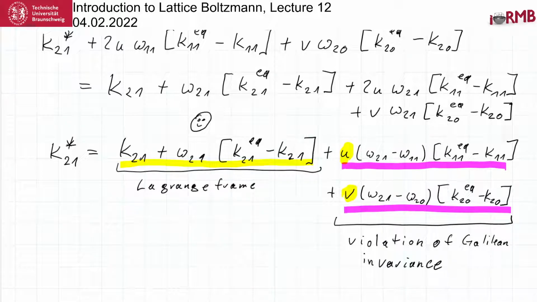Suppose we would have the same relaxation rate for the third order moments and the second order moments, then this thing here would disappear. So what we do in BGK would make these things disappear. But since we want to use MRT, we want to use different rates for different moments, we are actually violating Galilean invariance.